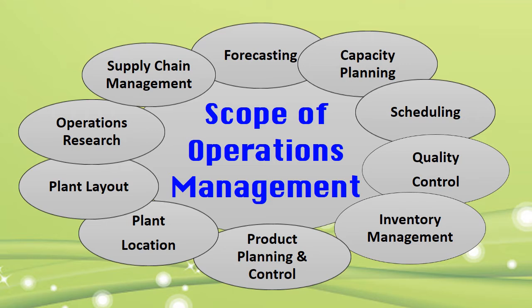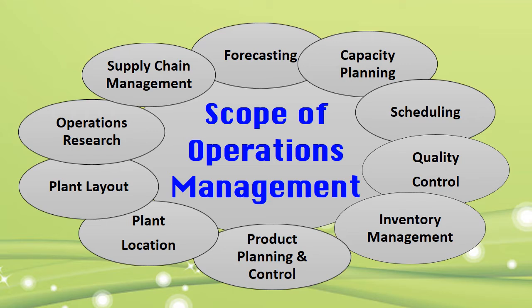So here, estimating present capacity, forecasting future capacity, and identifying the resources to meet the future capacity needs are to be looked after in capacity planning. Then is scheduling. The scheduling problem involves the allocation of various tasks, services and materials in order to obtain the desired result, or we can say in order to convert the inputs into outputs.